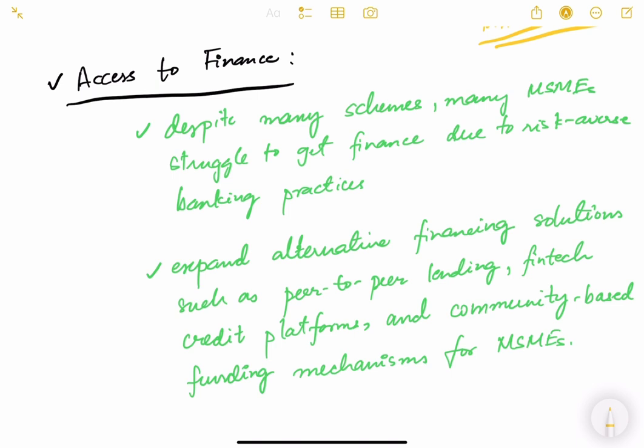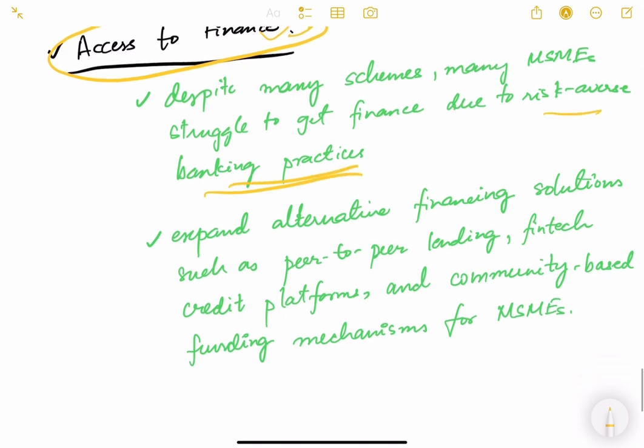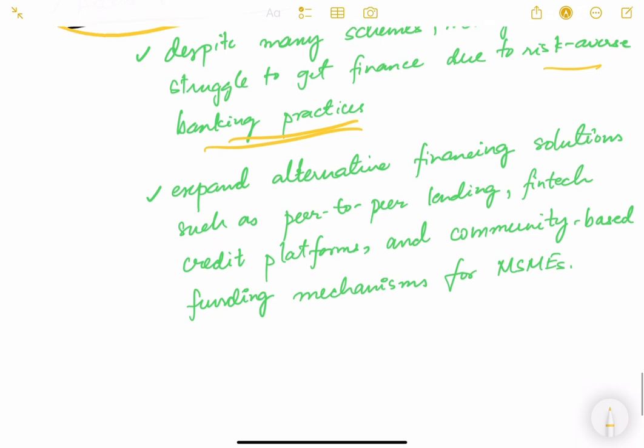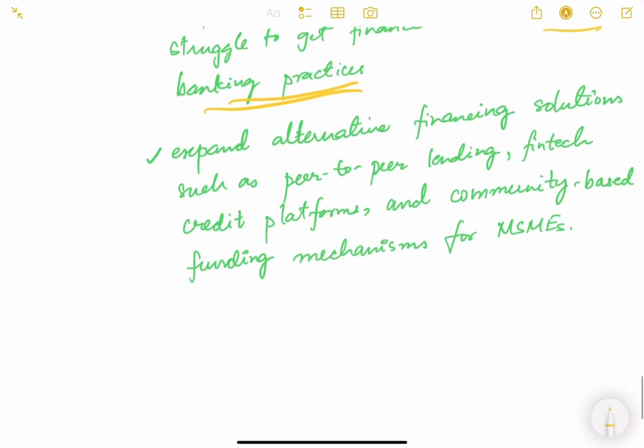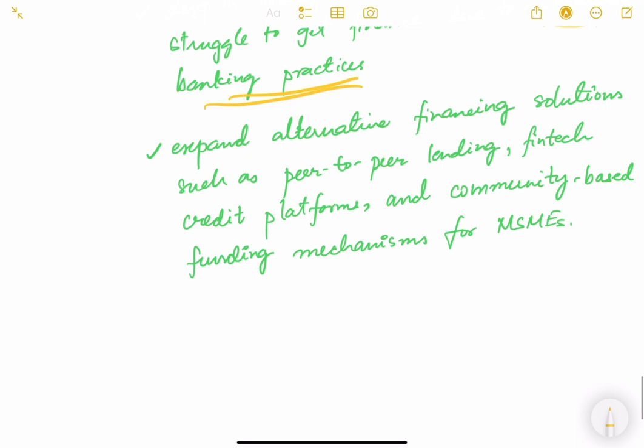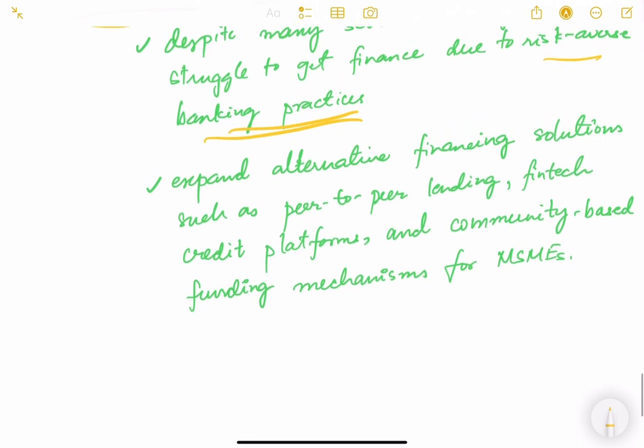Then next, general shortcoming is access to finance. This again we have seen. Despite many schemes, many MSMEs struggle to get adequate financing due to risk-averse banking practices. Many banks are very reluctant and hesitant to lend to these people, and they feel that it will be a non-performing asset if we lend to a particular industry.